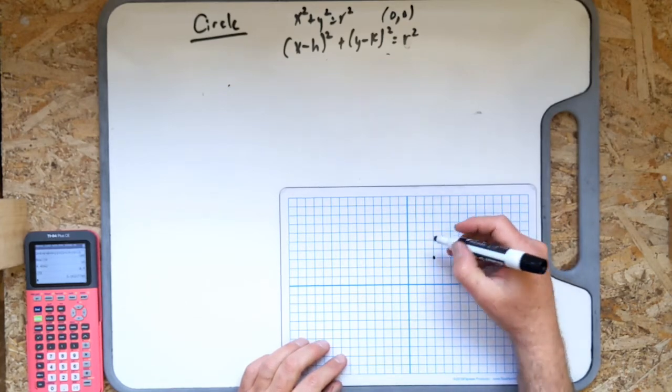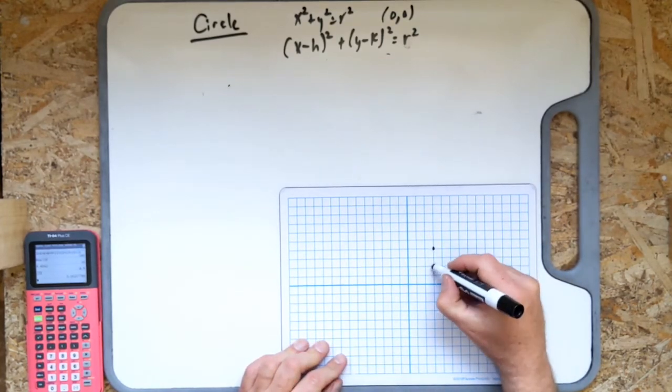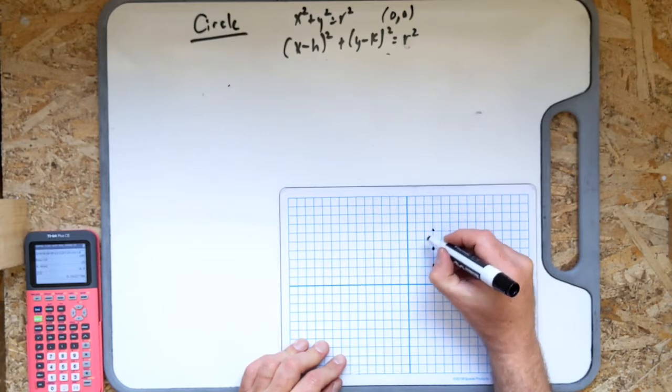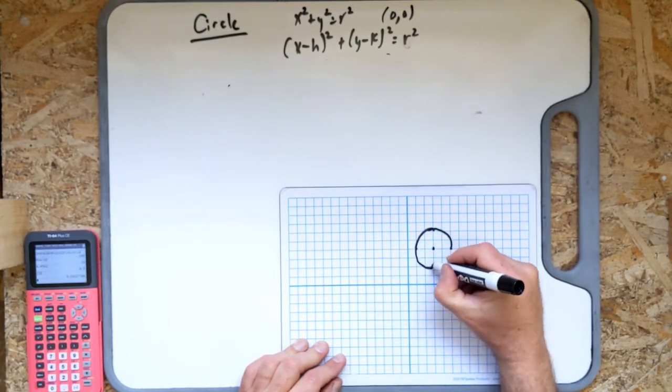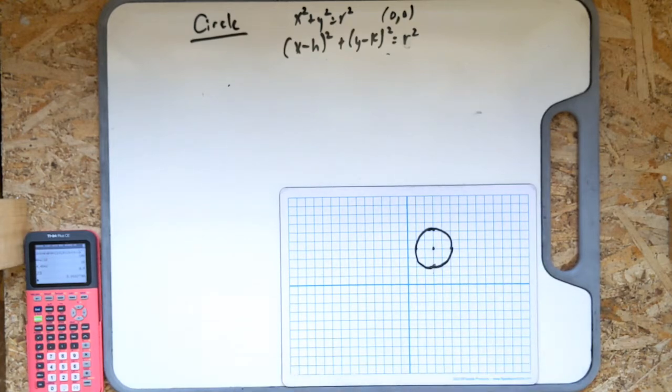So let me give you an example. And then I'll have you do a few. Okay, not too potato-like. Okay, so there's my circle. So what you need to do is look at it and say, what is the center first?